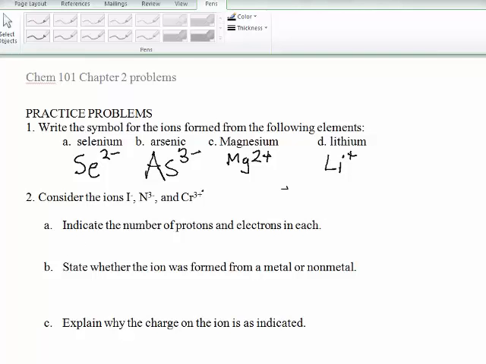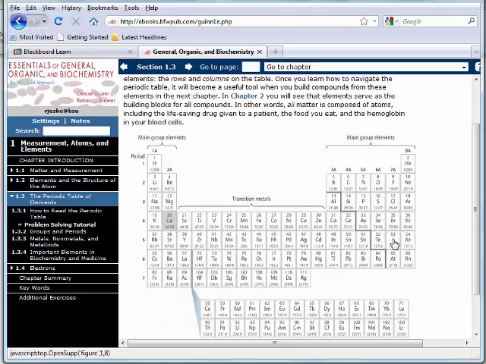So let's consider these ions: I minus, N3 minus, and Cr3 plus. Indicate the number of protons and electrons in each. So let's look at I minus. The number of protons in iodine, 53 protons, right, because the atomic number is 53.